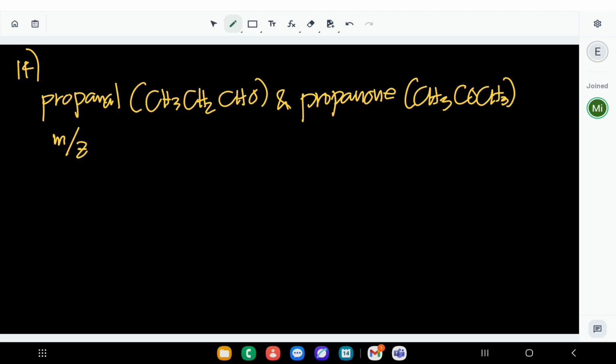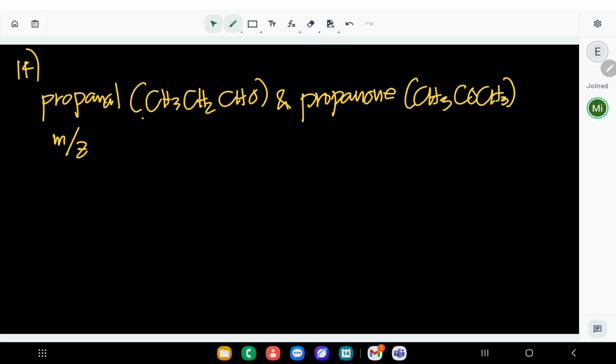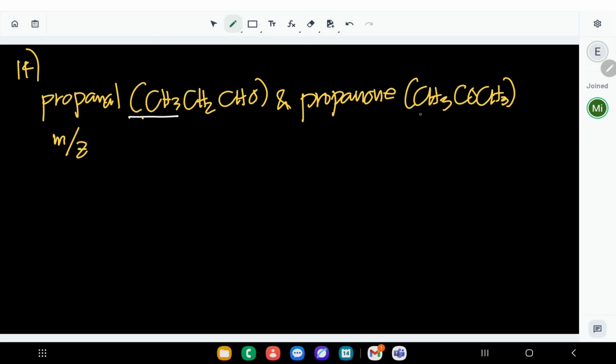Let's compare first for CH3. What is the mass-to-charge ratio for CH3?